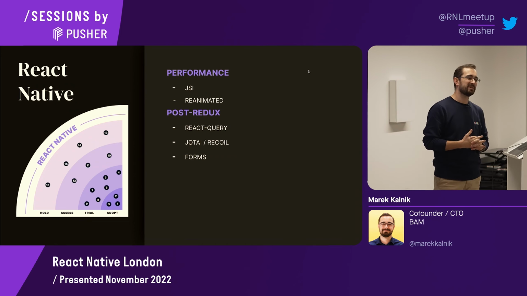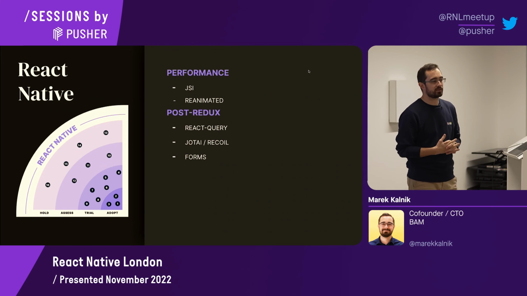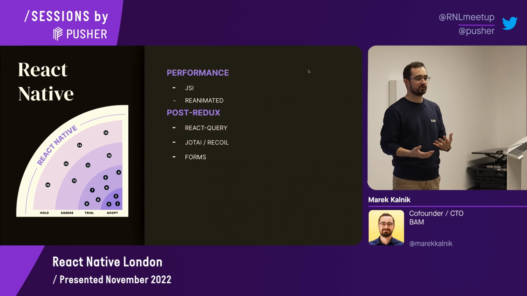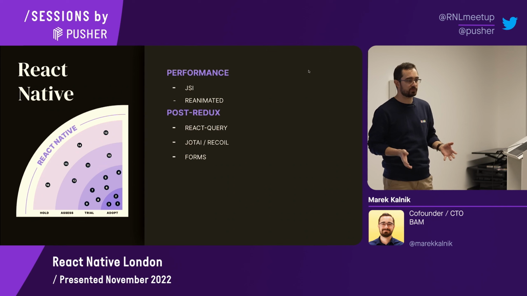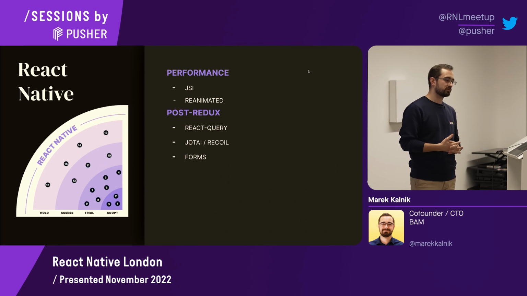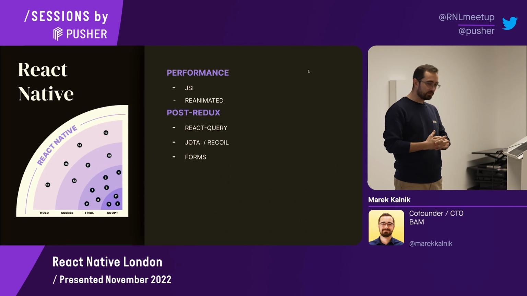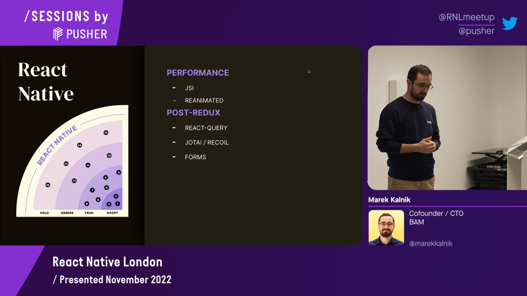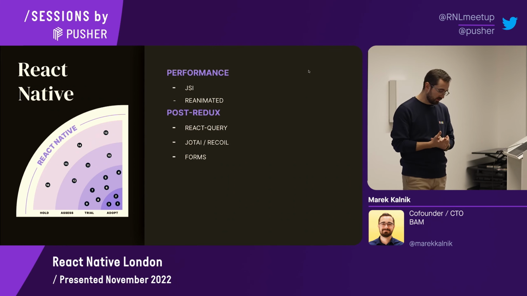And then there's the post-Redux phase. At the beginning of React Native, Redux was the default choice for state management, any state management. Some teams realized pretty quickly that it was abused, but most of the articles, recommendations, whatever in the community were really strongly behind Redux.